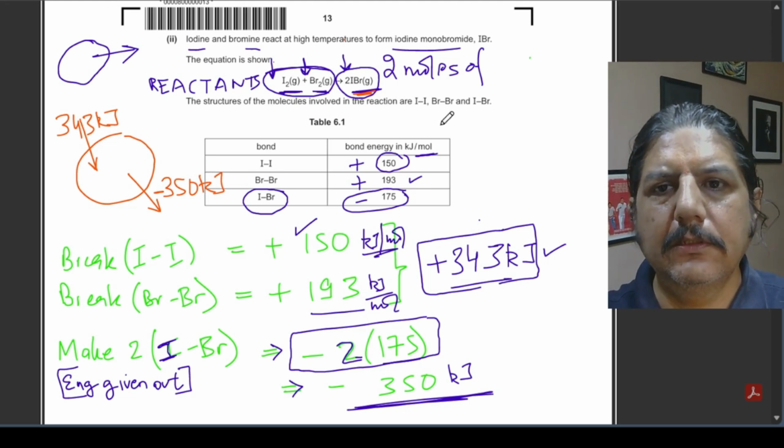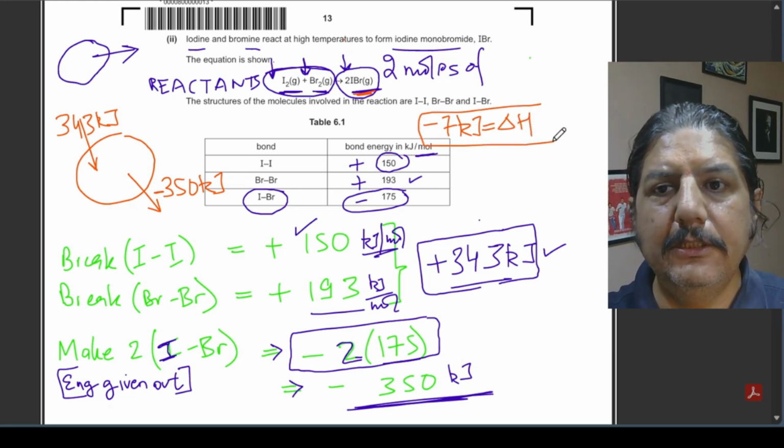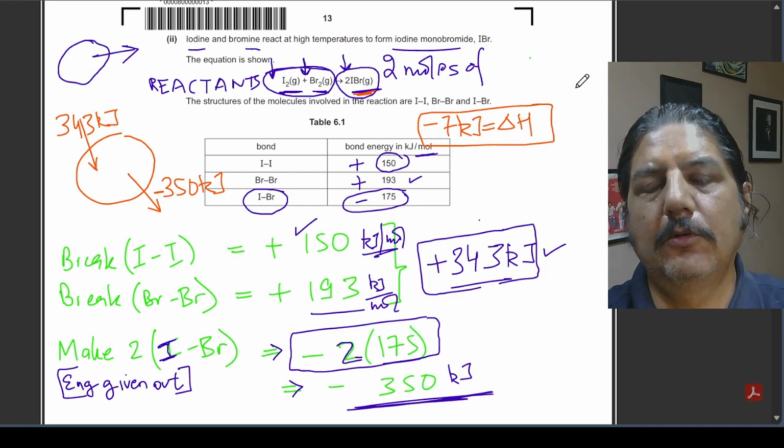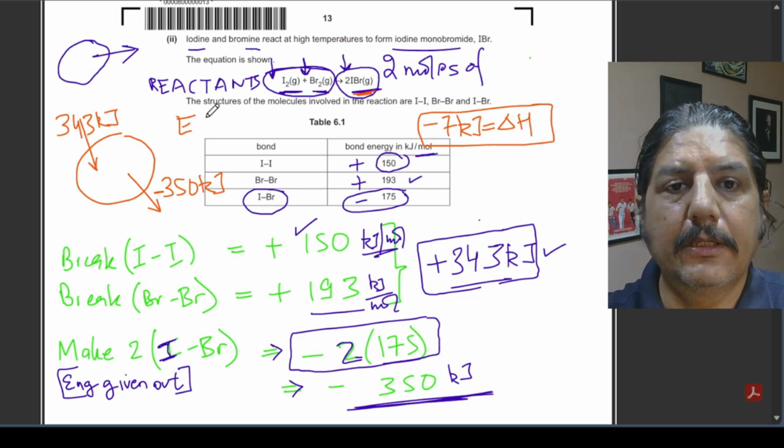So minus 7 kilojoule, this would be the delta H. This is the amount of energy which is being released. So this is an exothermic reaction.